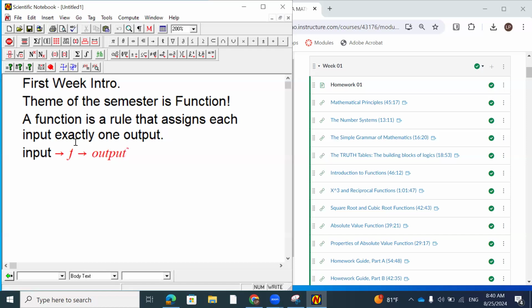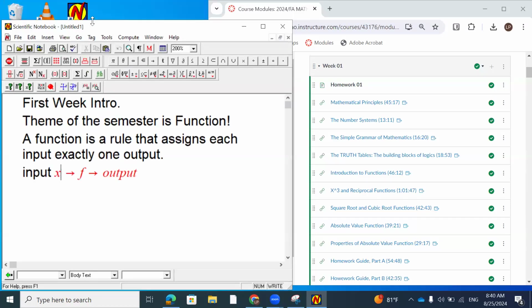And for this output, we have some notations. For example, I can call the input x, and the output, formerly we know it as y, but the output is also expressed as f of x.